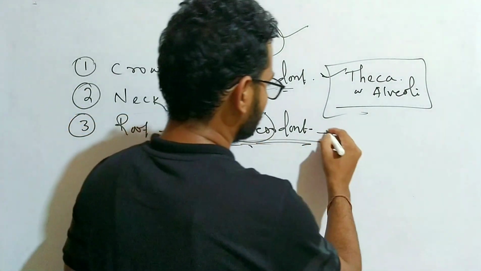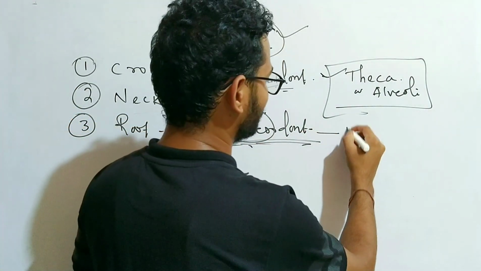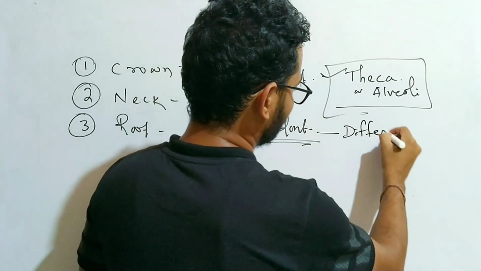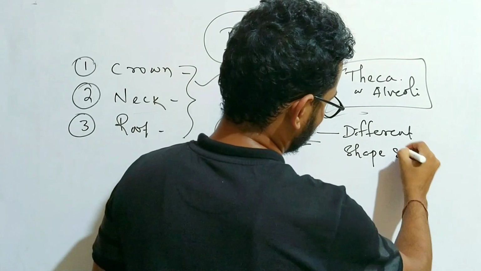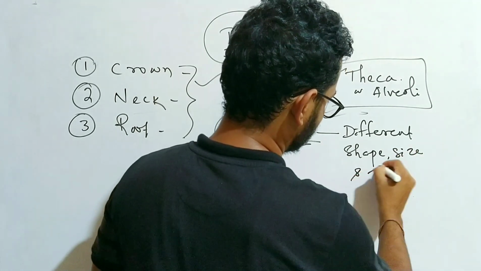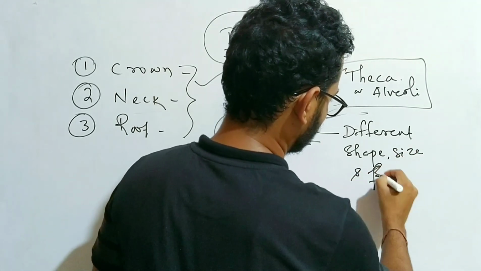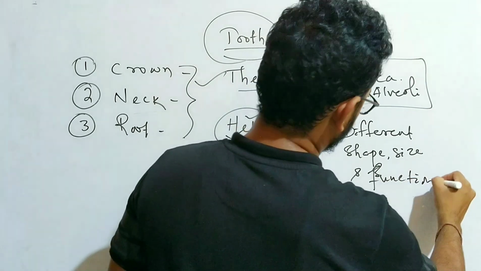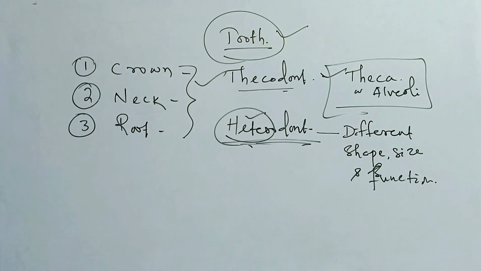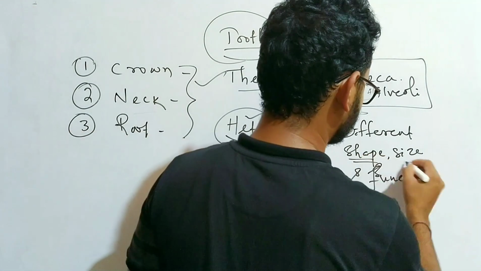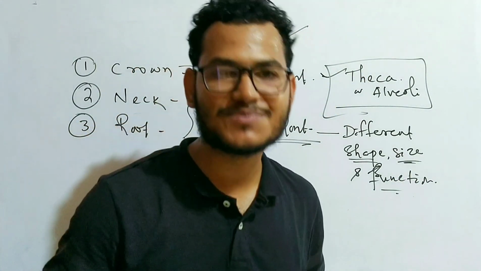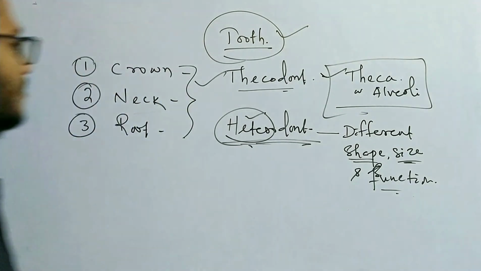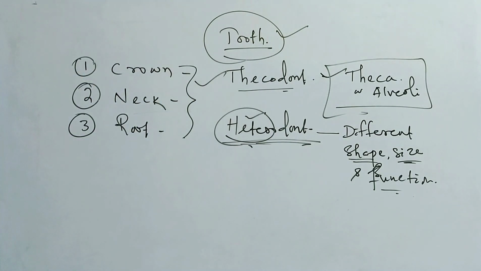So the tooth is called heterodont because of its different shape, size, structure and function. Due to the different types of teeth, the tooth is also called heterodont.